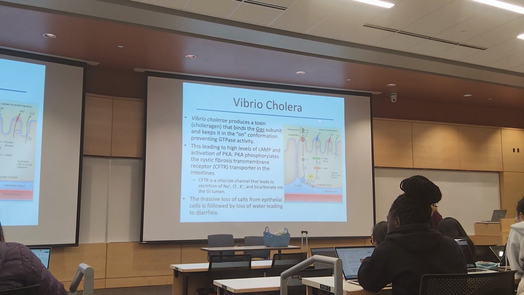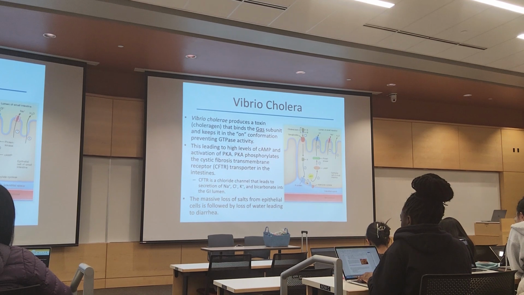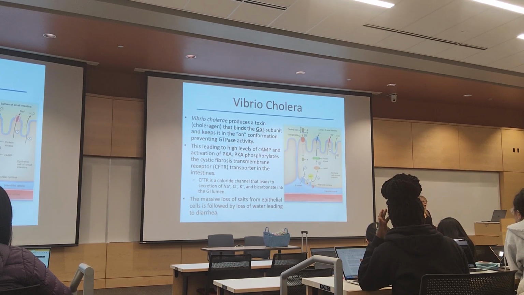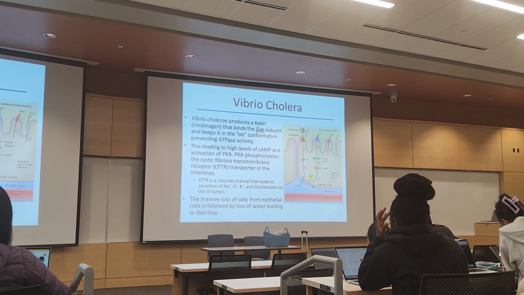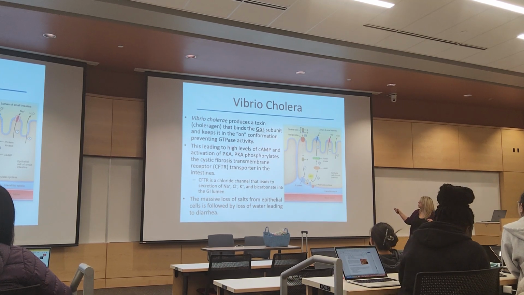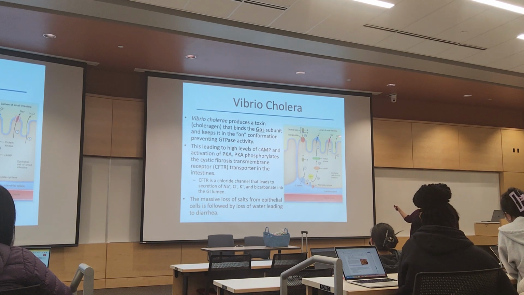And if you think about having a lot of electrolytes going into the lumen of the intestine, just like we talked about in patho last year, water is going to follow where the electrolytes go to dilute out all of those electrolytes. So if we have persistent activation of this pathway, a lot of chloride and bicarb going out, the water is going to passively follow.